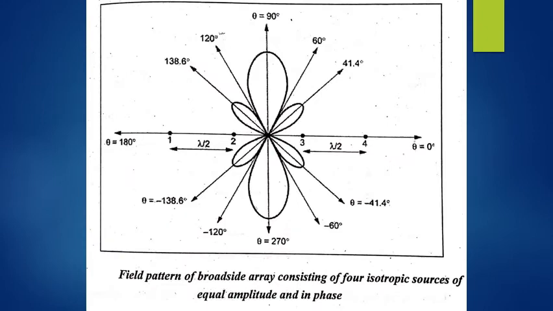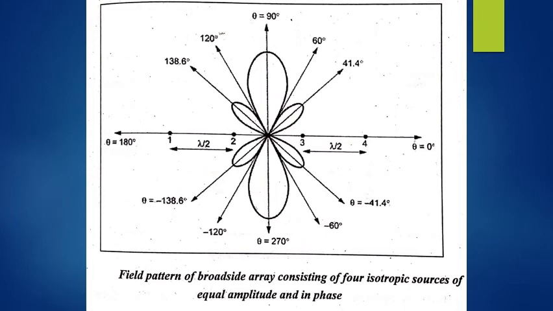Now with the already calculated angles, we are going to plot the radiation pattern. We know the maximum direction of the major lobe occurs along 90 and 270 degrees. So this is a major lobe. Then coming to the minor lobe, we know that this is the lobe between 0 and the higher order null.